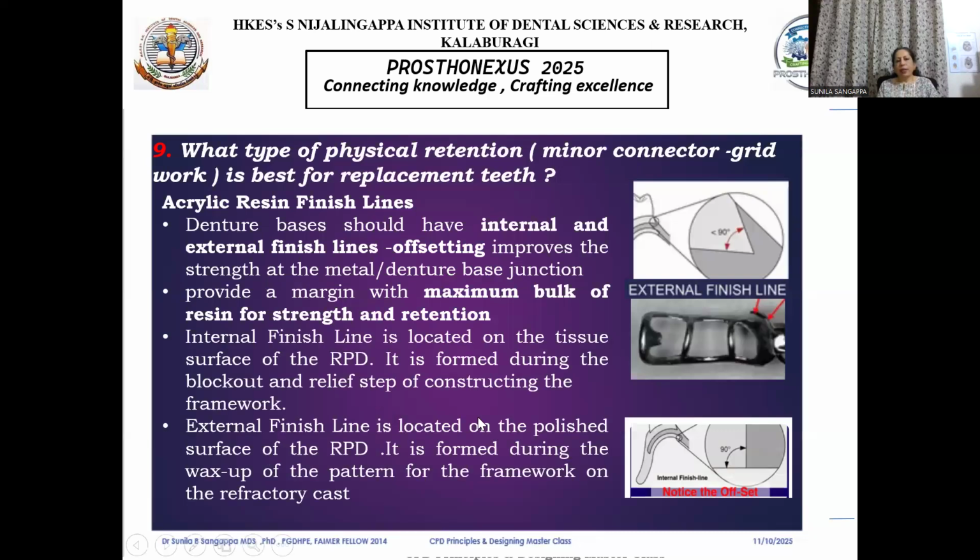So the internal finish line is located on the tissue surface of the RPD as seen over here, and the external finish line is located on the polished surface of the RPD. Both are formed during the wax pattern fabrication on the refractory cast as we are constructing the framework.